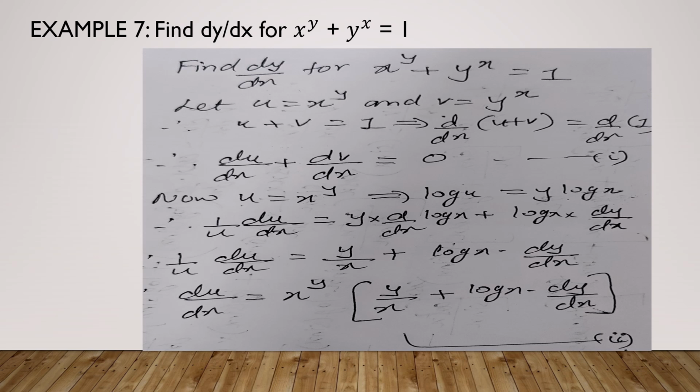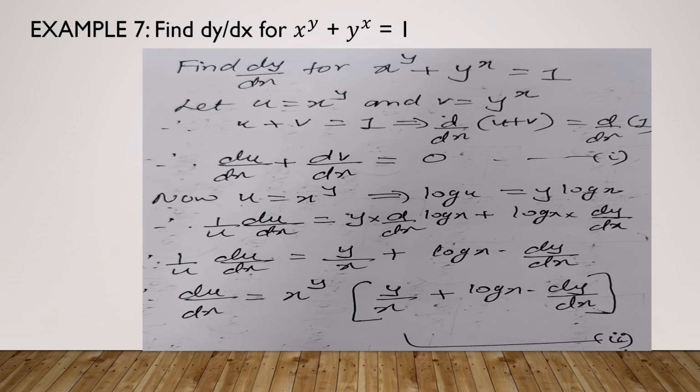Let u equal to x raised to y and v equal to y raised to x. And it is given over here u plus v is 1. Now u plus v is 1 means derivative of u plus derivative of v is equal to derivative of 1, which is 0. So this is the first thing. So now first of all, obtain derivative of u with respect to x.